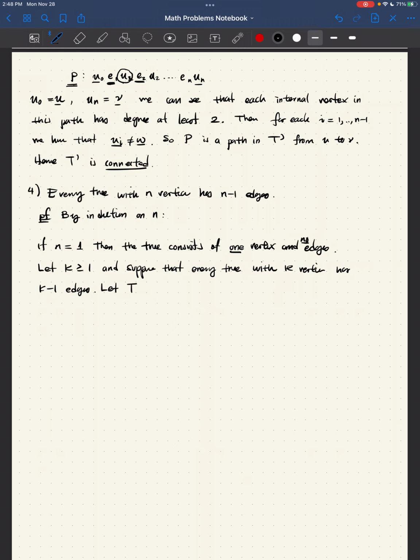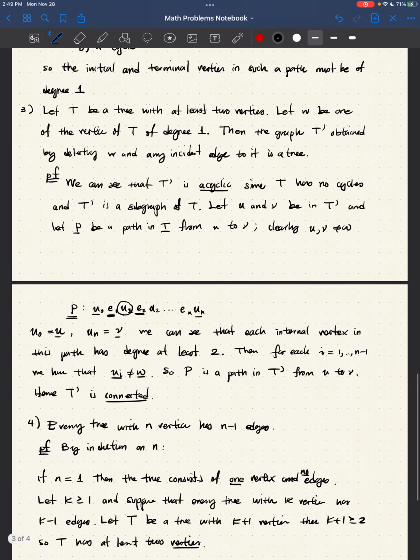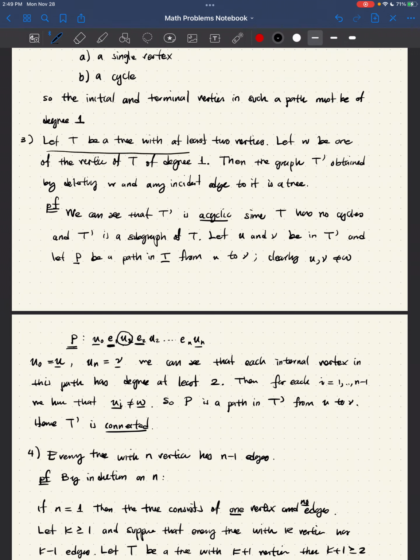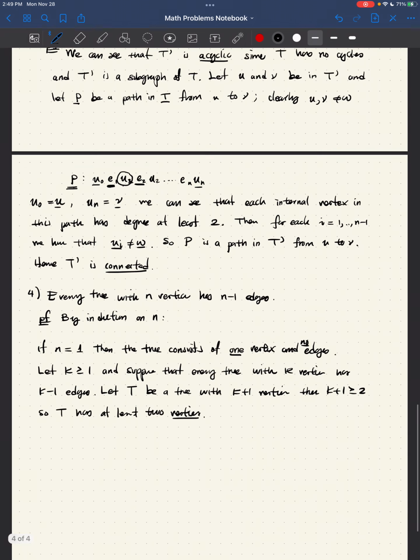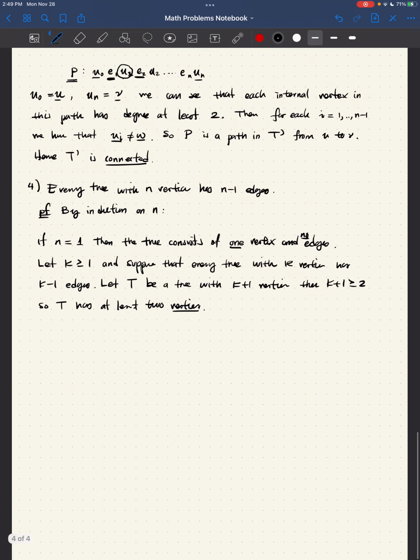Let T be a tree with k plus 1 vertices. Well, then k plus 1 is greater or equal than 2, right? That means that T has at least 2 vertices. Right? That means that we can use the result that is associated with this. We may construct this T prime. Okay, well, let's do it.